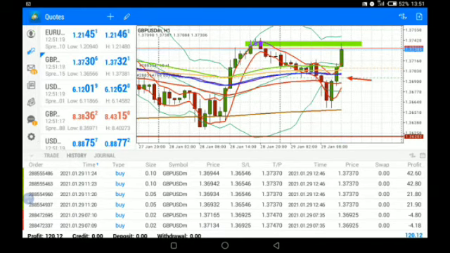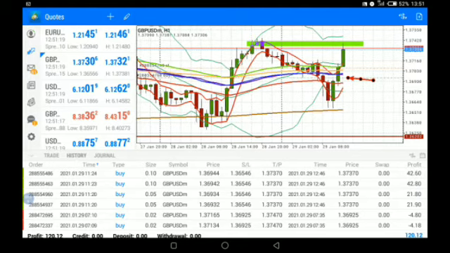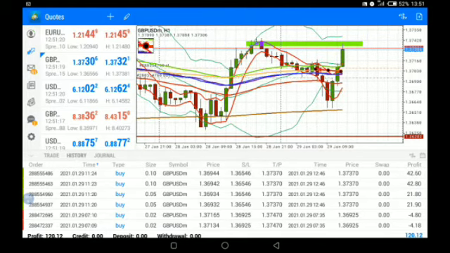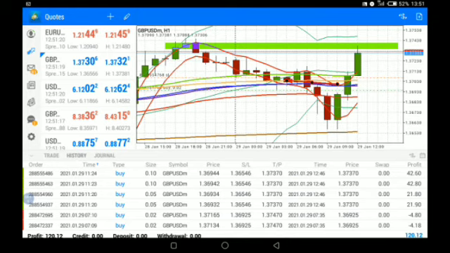For instance, I saw why I lost those 4 USDs. You could see this point. It looks like a bullish engulfing here, so I took a buy and placed a stop loss here, but unfortunately it didn't work. Price headed downward and hit my stop loss.